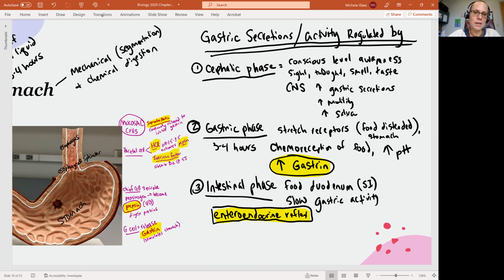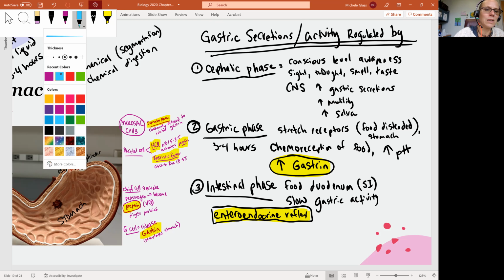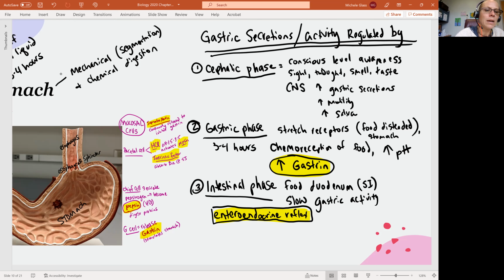Now, the mucosa is epithelial tissue, and it's potentially being exposed to this super strong acid, hydrochloric acid. So how is the stomach able to deal with this? And what we'll see is that the stomach will have what's called a mucosal barrier.